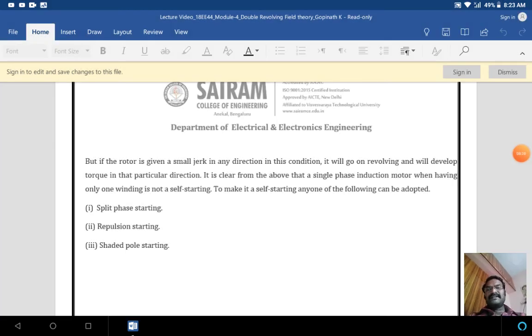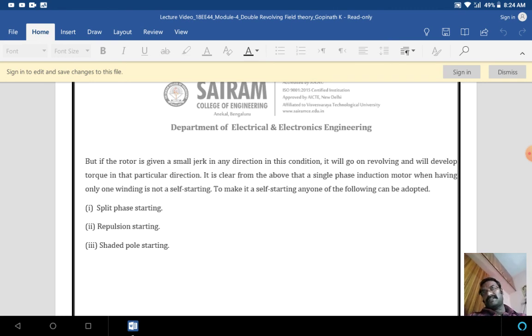Finally, what are the things we observe from this? Double revolving field theory is applied to single phase induction motors, and in this field theory no rotation is generated.